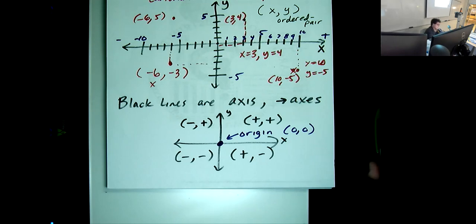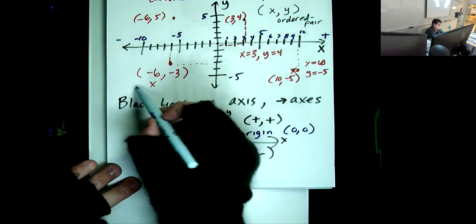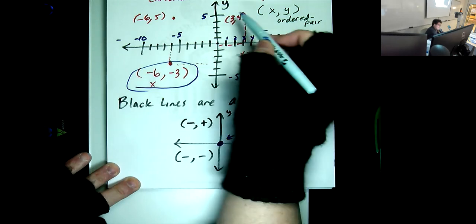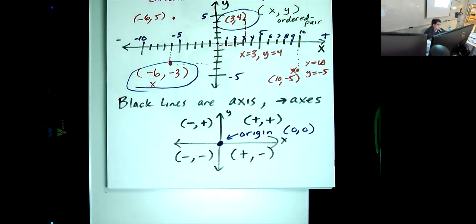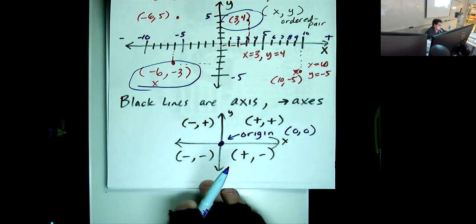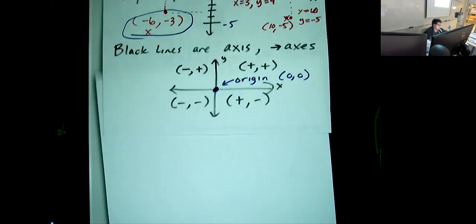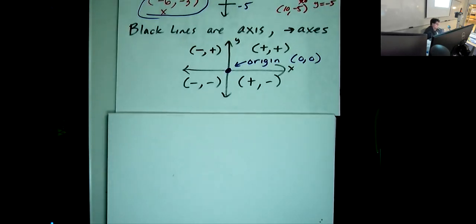So I'm going to use this value right here. I'm going to grab the (-6, -3) and the (3, 4), and we're going to find the distance between these two points. So I'll do a quick sketch of it right here.